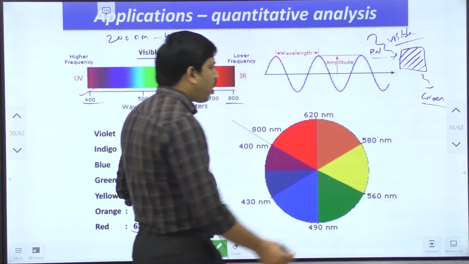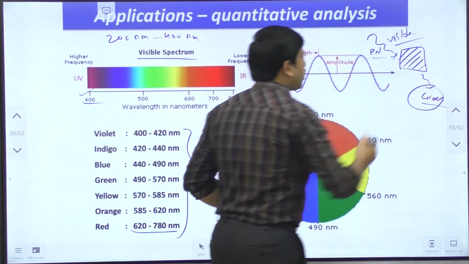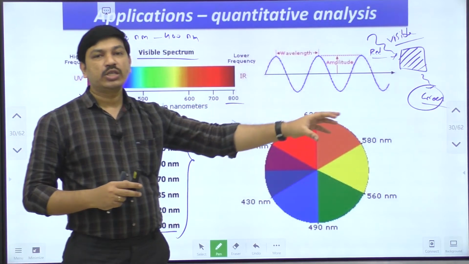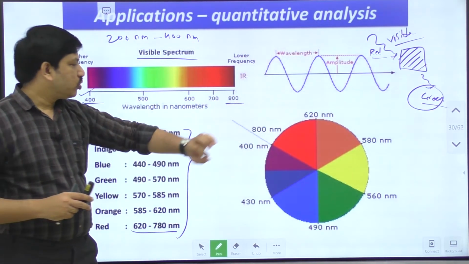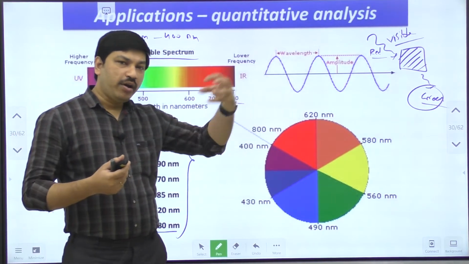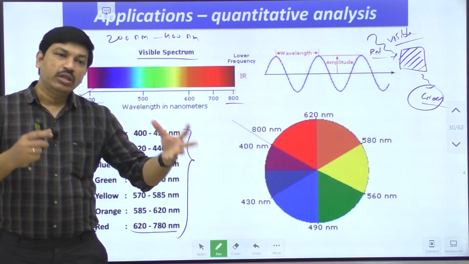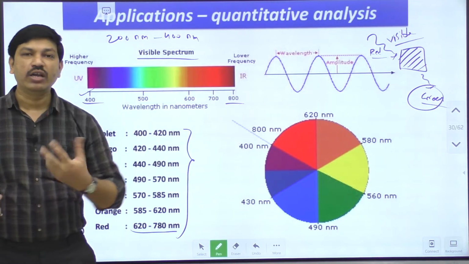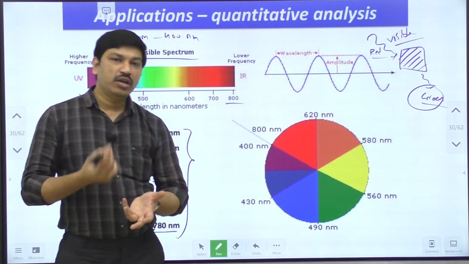So whatever color we are seeing is not the actual absorbed color. We are seeing the corresponding complementary color. Complementary color means once the compound absorbs one particular radiation from the visible light, the remaining radiation comes outside.